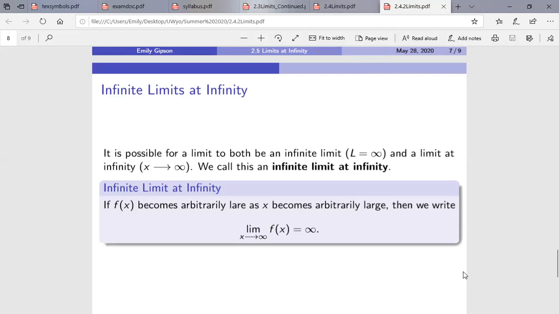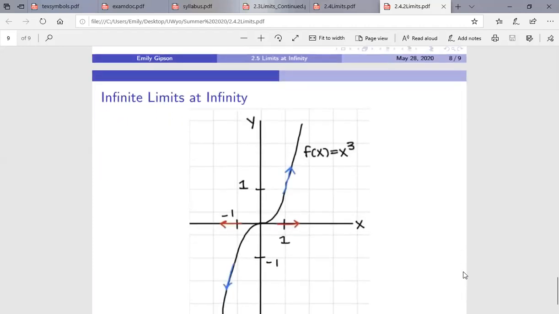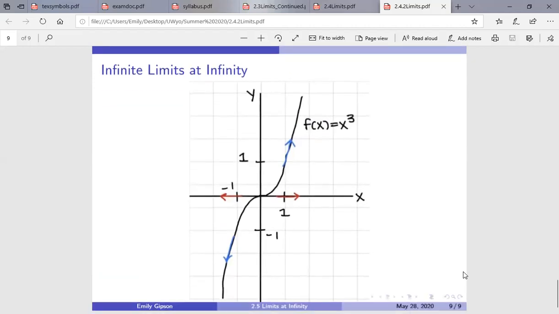And this is when, if f of x, your function, becomes arbitrarily large as x becomes arbitrarily large, then we write that the limit as x approaches infinity of f of x equals infinity. And what does this look like? This looks like the graph of f of x equals x cubed. So we can see here that I've got the graph of x cubed drawn in black.